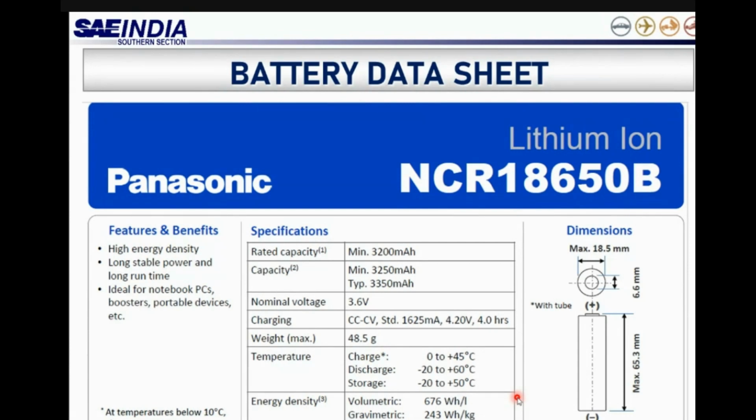You may get to know a couple of parameters: the charging and discharging rates, and the range of temperature, which is not going to be constant. The battery is compatible to be charged between 0 and 45 degrees.